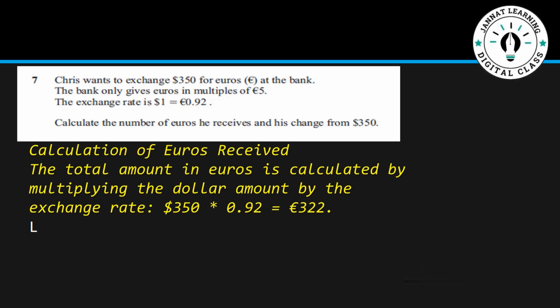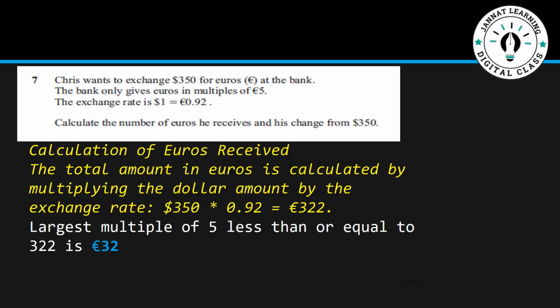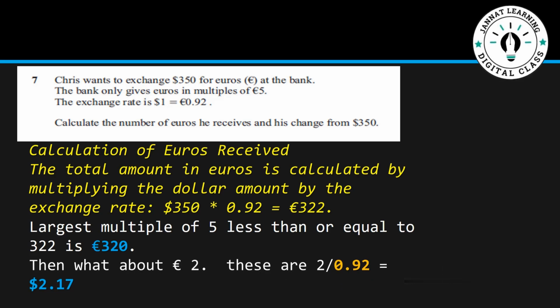The largest multiple of 5 less than or equal to 322 is 320 euros. Then what about 2 euros? Therefore, these will be inverse exchange rates. 2 divided by 0.92 equals $2.17.